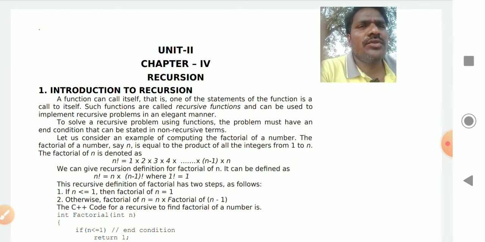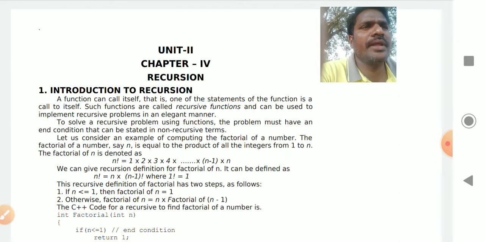Here now we will see the recursive function, or recursion. First, what do we mean by recursion? Recursion means that the solution of a problem contains a sub problem.